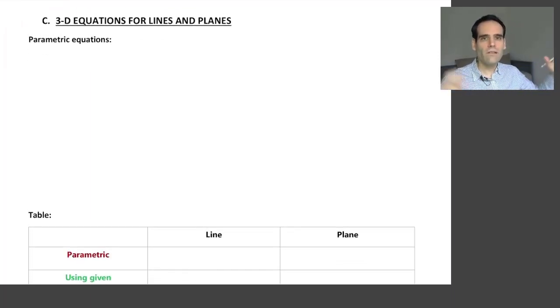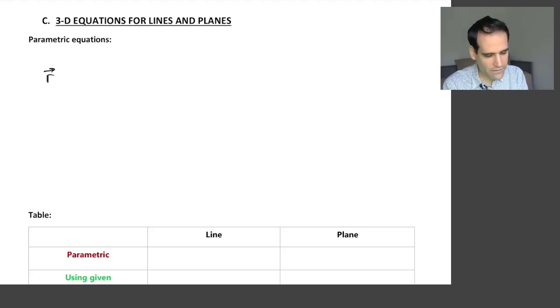a whole table of equations for lines and planes. But before I go into revising the table, let me point out something that students often don't really understand. When we are using these equations, we always talk about this vector r that is involved in the equations, right?